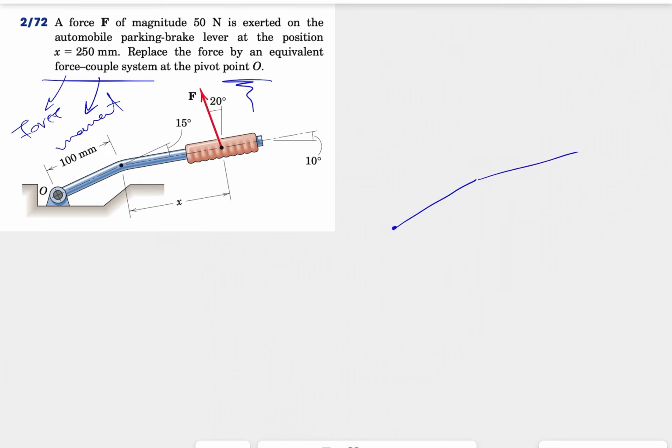We also have the angle in here, which is 20 degrees, and we know this angle here is 10 degrees. And also we have information about this angle, which is 15 degrees.